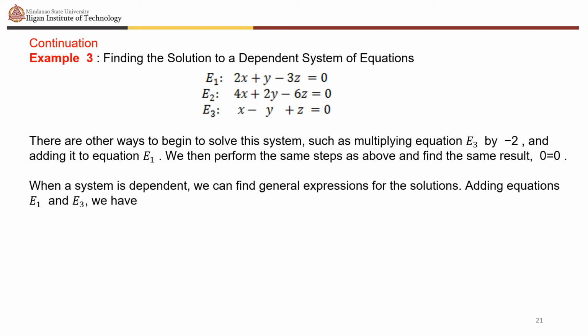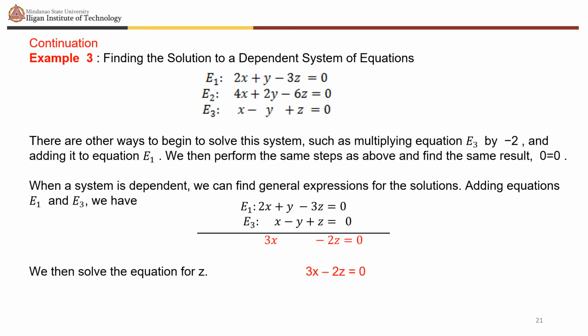But when a system is dependent, we can find general expressions for the solutions. Adding equations e sub 1 and e sub 3, we have the following. e sub 1 is 2x plus y minus 3z is equal to 0. e sub 3 is x minus y plus z is equal to 0. So 2x plus x gives us 3x, y minus y is 0, minus 3z plus z is minus 2z.